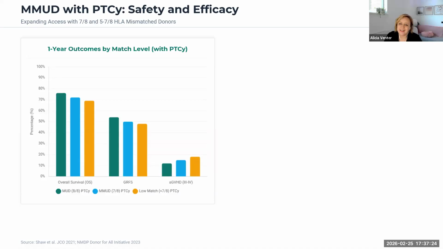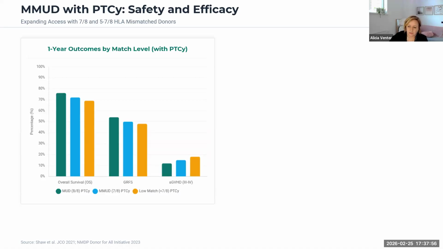We just looked at the 3-year outcomes, but here we have the 1-year post-transplantation outcomes by match level, and this is with PT-Cy. This is comparing matched unrelated donors, an 8 out of 8 with PT-Cy, a multiple mismatch unrelated donor, which is about a 7 out of 8 with PT-Cy, and then a really low match.